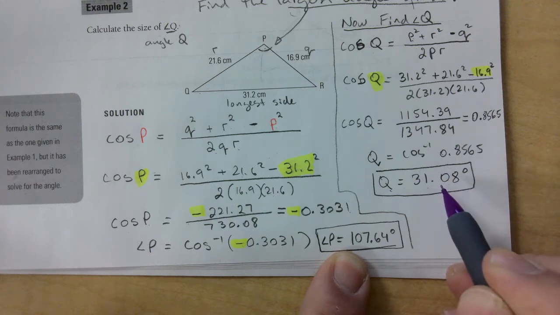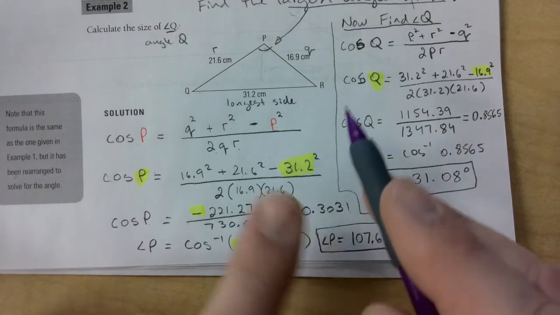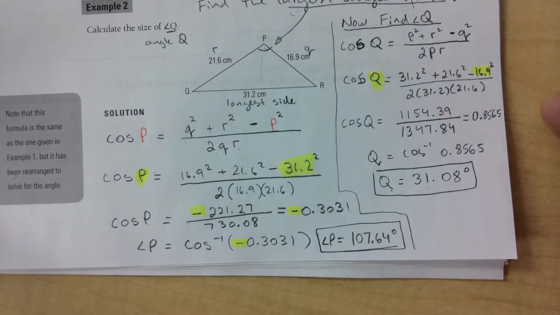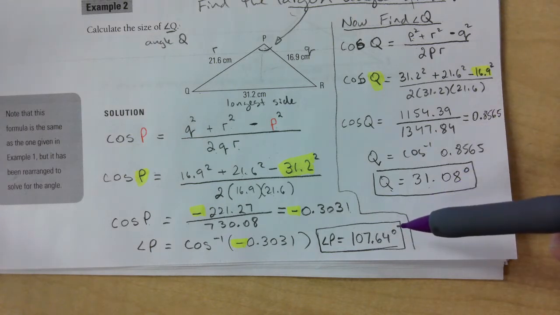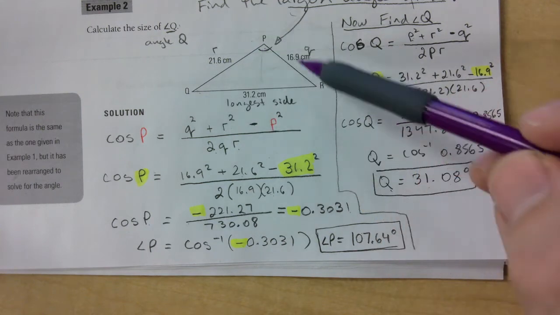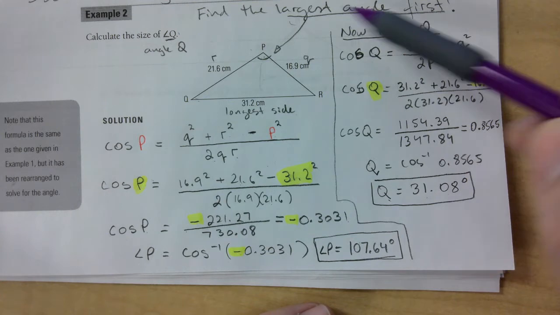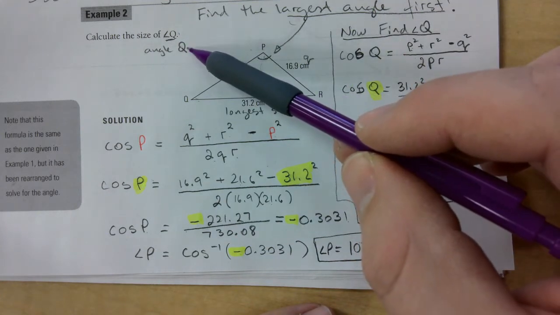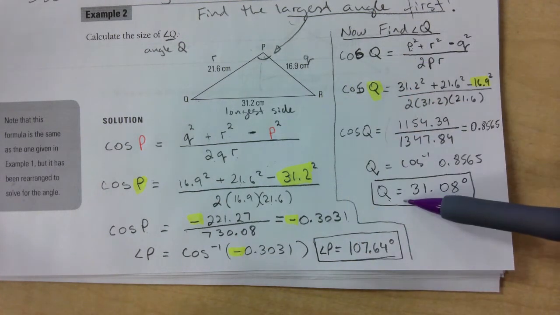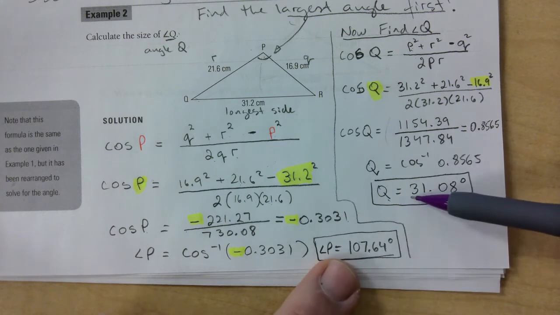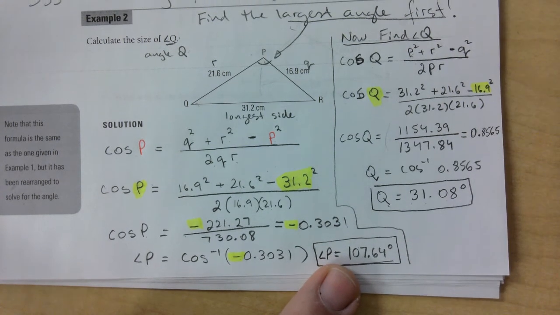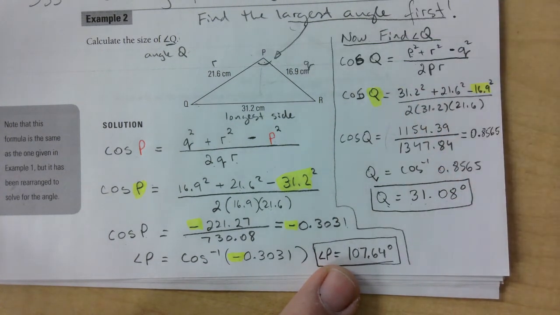You can be guaranteed that, right? So here you have them side by side. I just wanted you to see that if they don't specify which angle they want you to solve first, always find the largest, right? If they tell you find Q, then you could have gone straight to this and be done with it. I just wanted you to see both side by side here. So largest first if it's not specified.